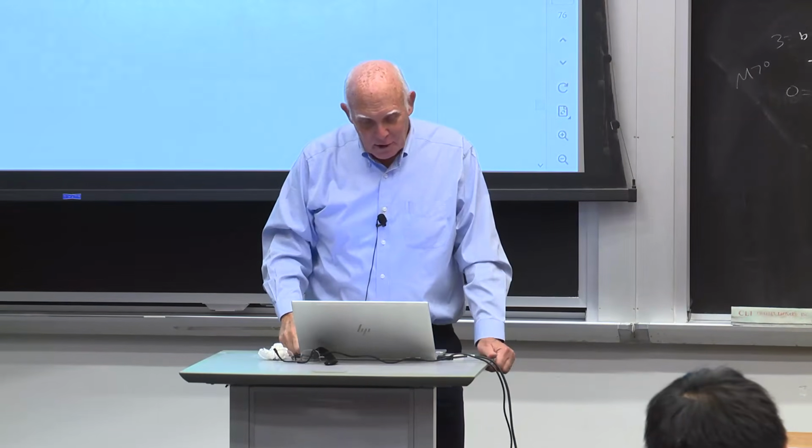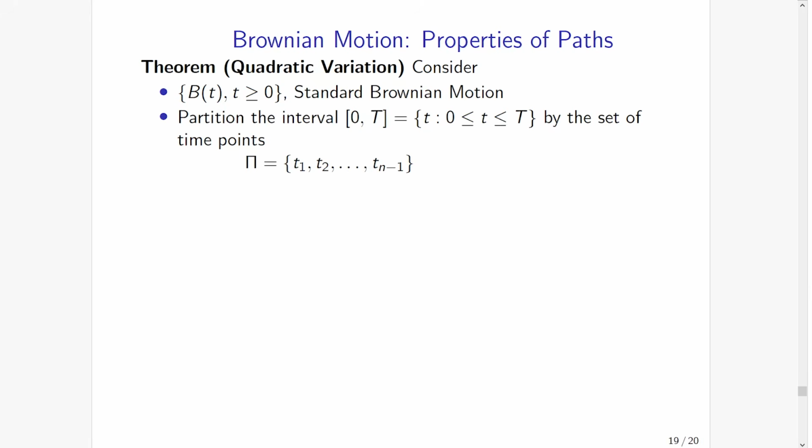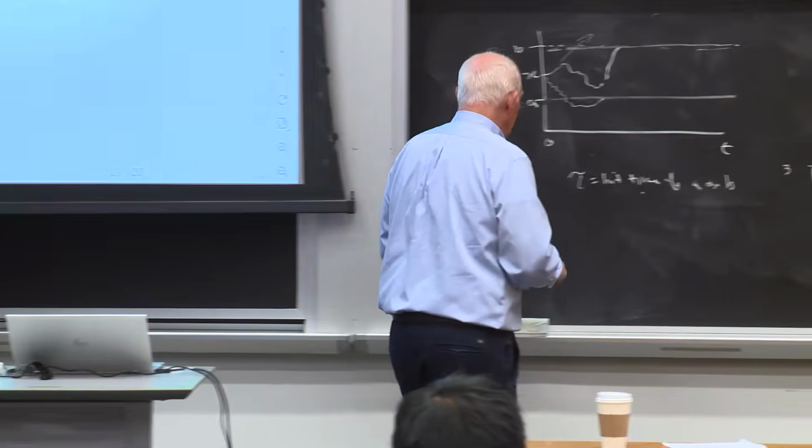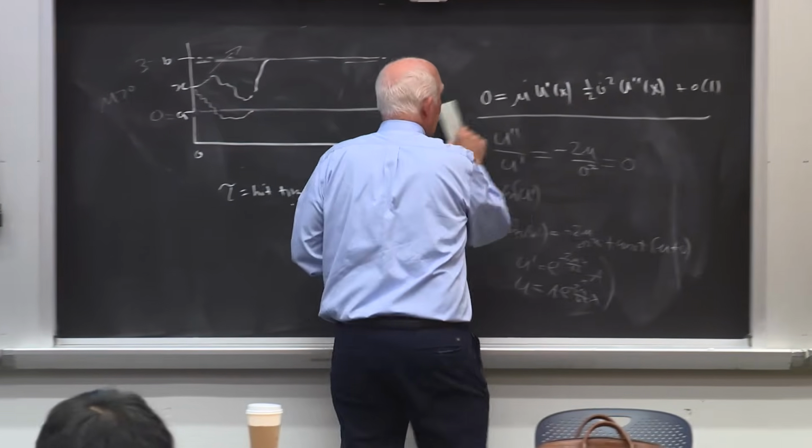Something that is a positive property of Brownian motion is the issue of quadratic variation. To define quadratic variation, we consider partitions of the time.